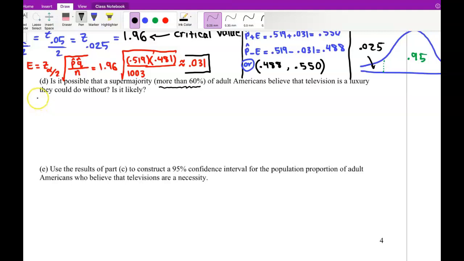So is that possible that P is equal to 0.6 or 60%? Is this one possible?